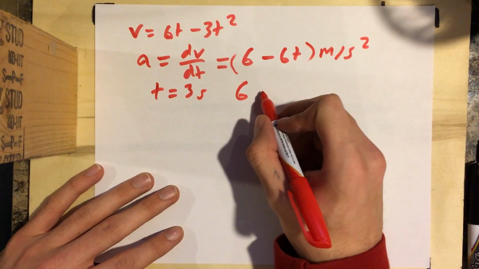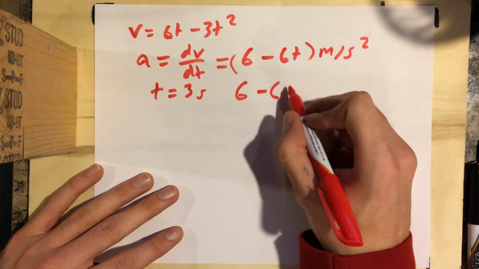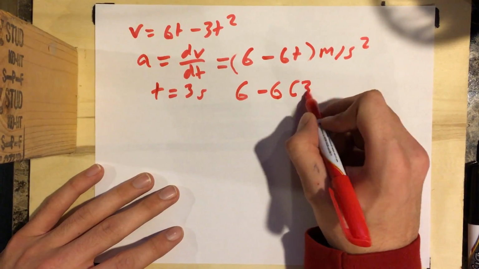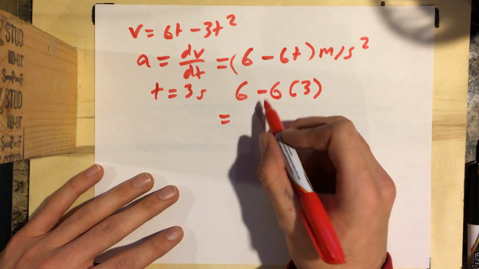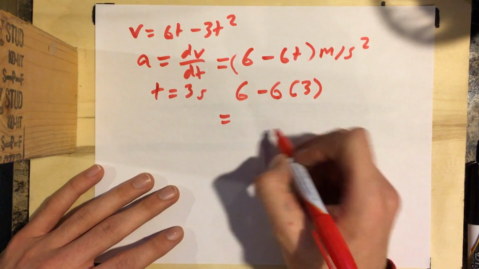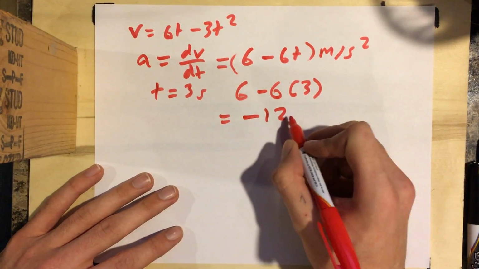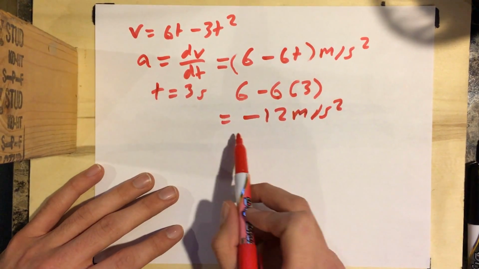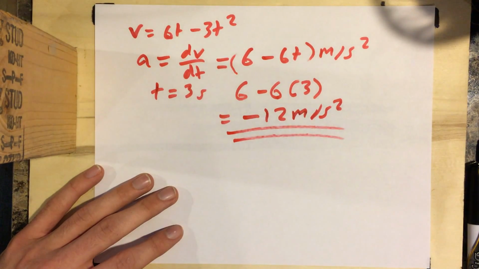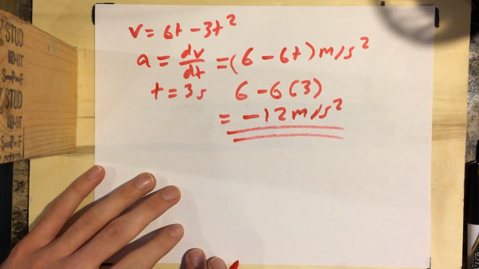So when t is equal to 3 seconds, it is actually this, which is equal to negative 12 meters per second squared. So this is the deceleration when t equals 3 seconds.